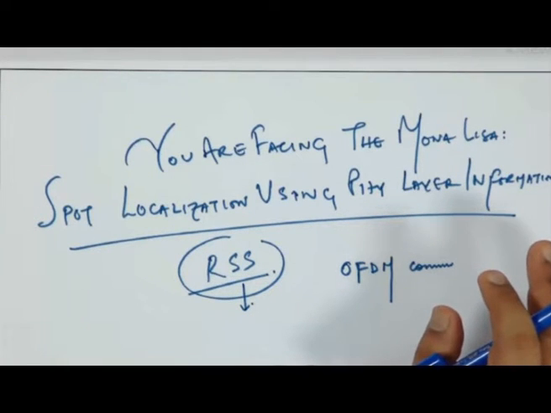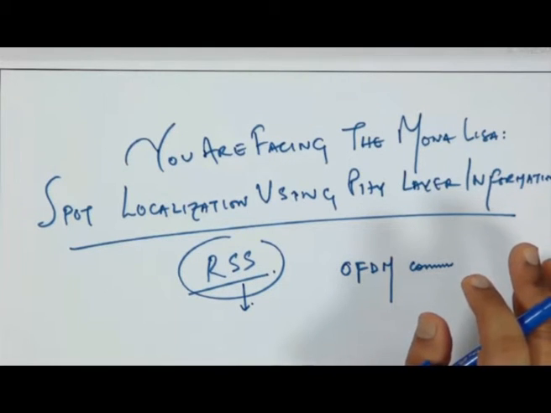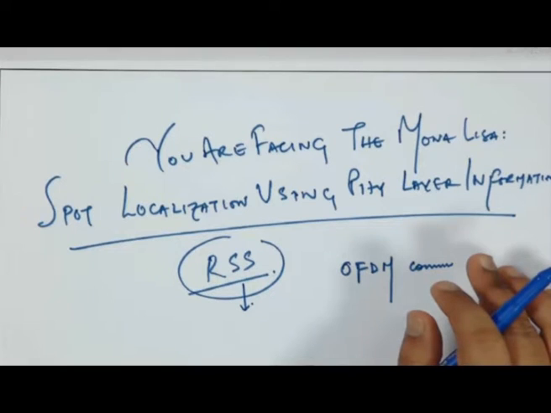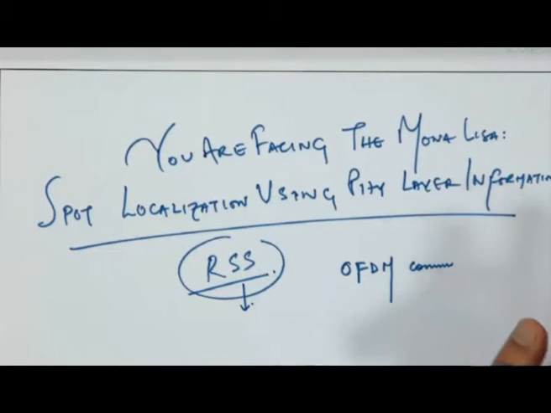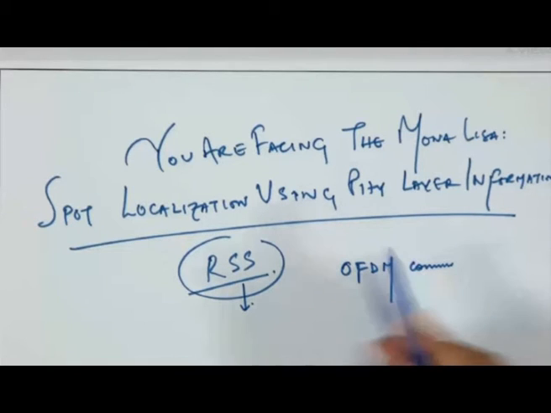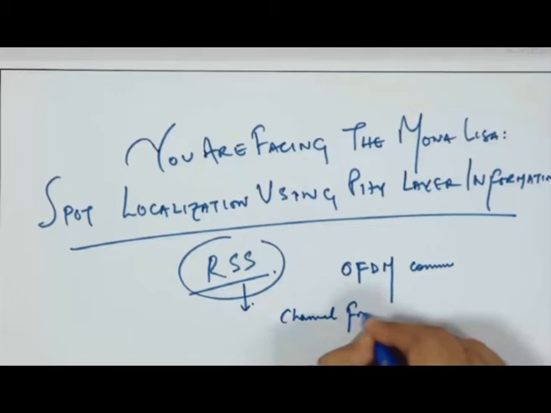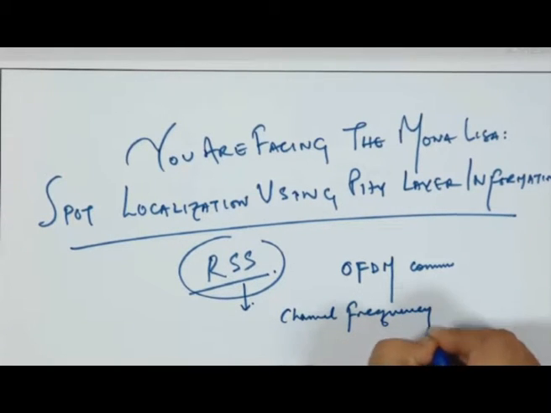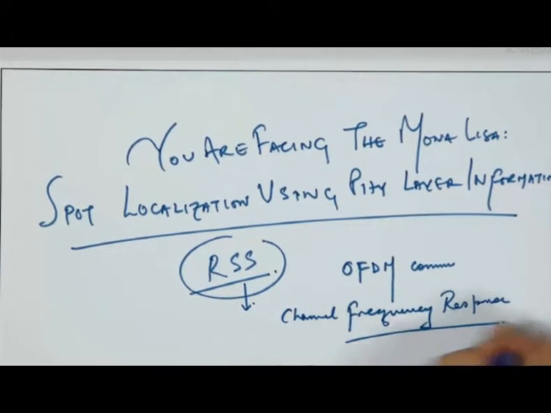Each transmitted symbol is modulated on a different subcarrier f, and you have 48 frequency subcarriers. These are called the channel frequency response. Fine.